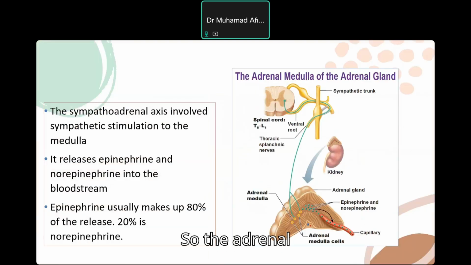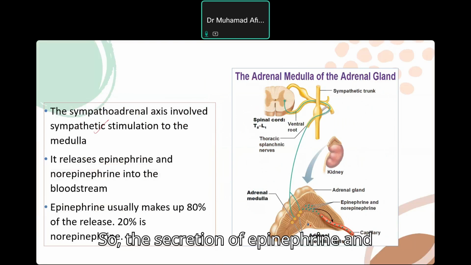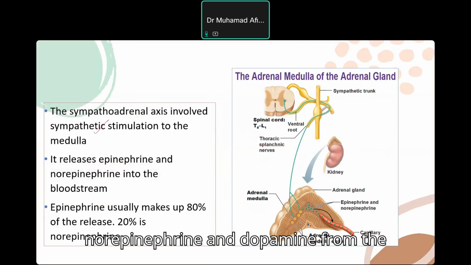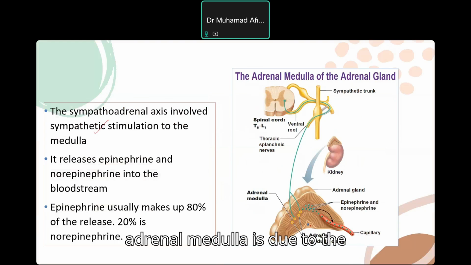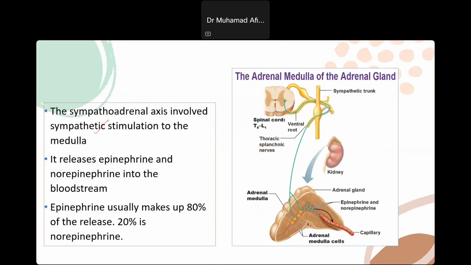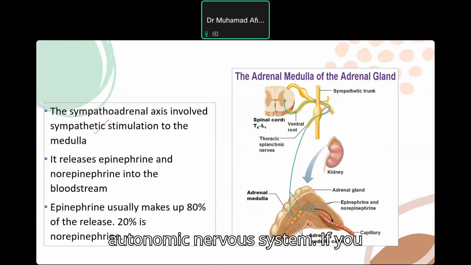The adrenal medulla is part of the sympathetic nervous system. The secretion of epinephrine, norepinephrine and dopamine from the adrenal medulla is due to stimulation of the sympathetic autonomic nervous system.